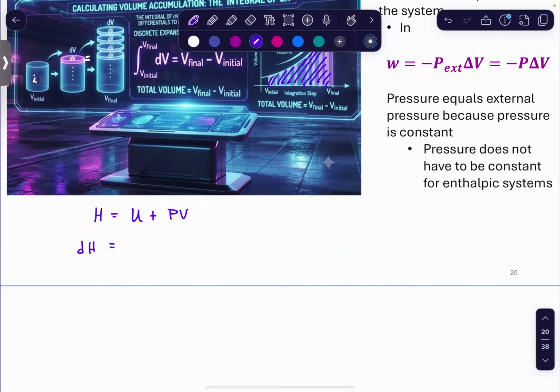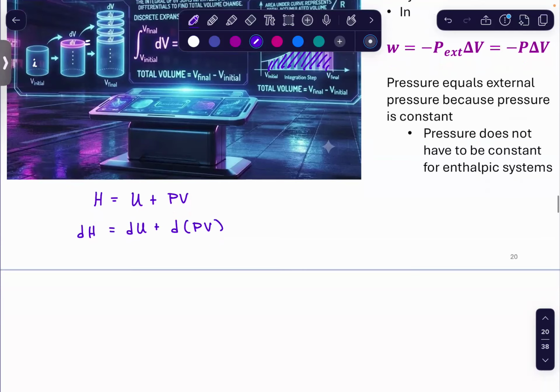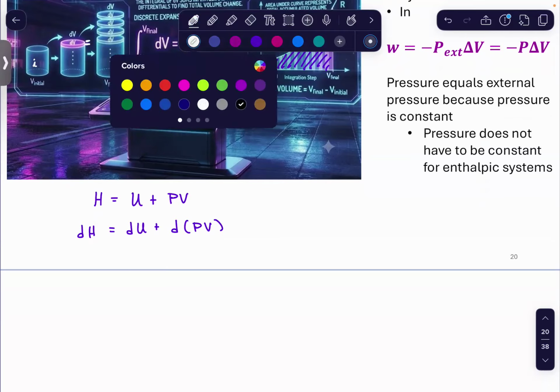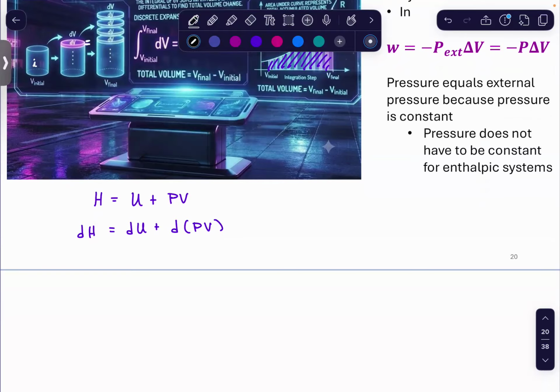The differential change of our enthalpy equals the differential change of internal energy plus the differential change of P times V. Now, to figure this out, you're going to have to use something calculus calls the chain rule. Let's say you have the differential of x times y.